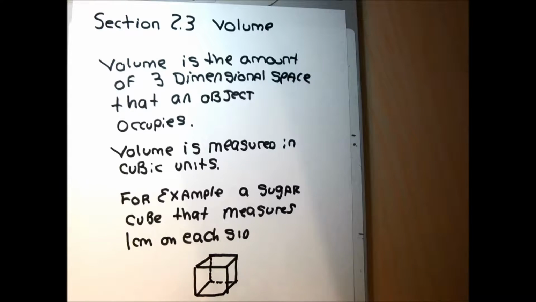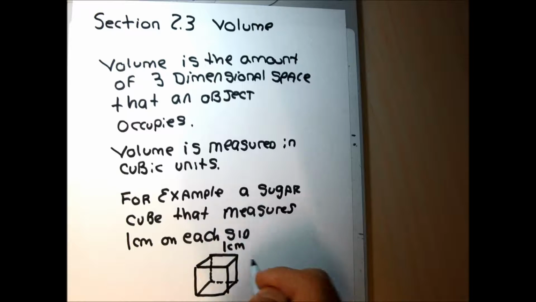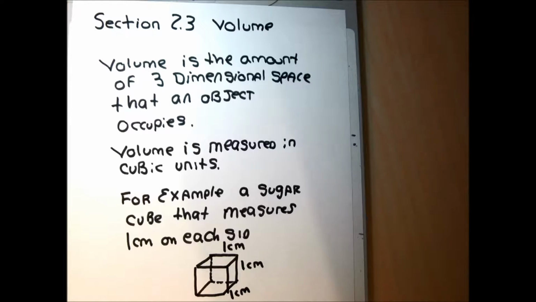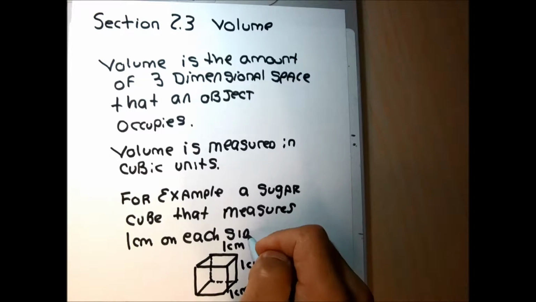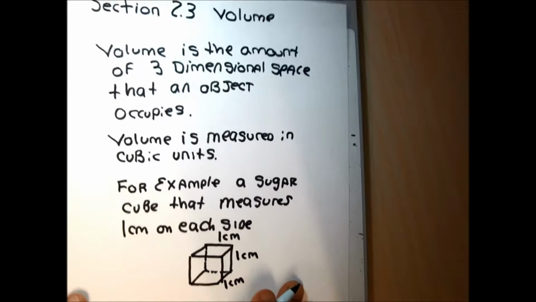Yeah, so that's a sugar cube, and it's supposed to be 1 centimeter by 1 centimeter by 1 centimeter. And this sugar cube that measures 1 centimeter on each side has a volume of 1 cubic centimeter.